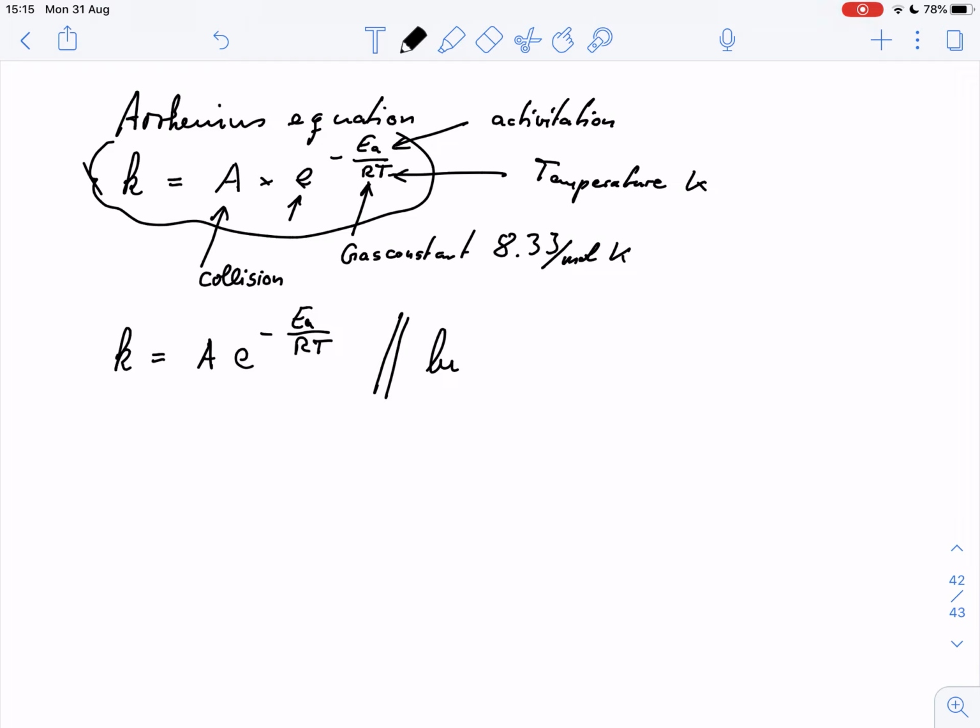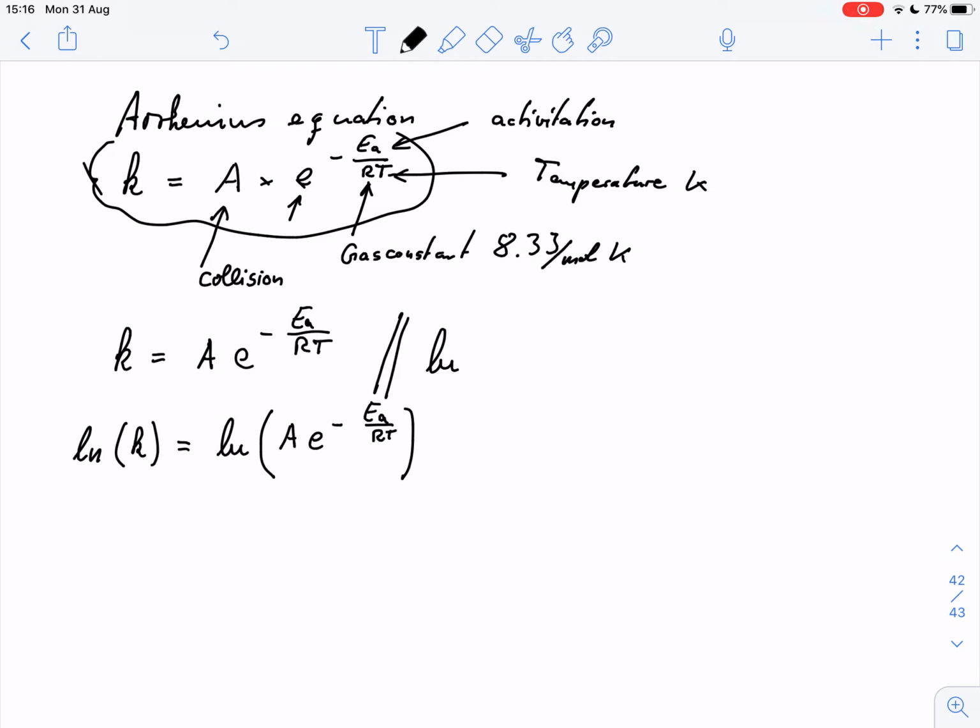So what have we got on the left-hand side? We've got ln, the natural logarithm of k, equals the natural logarithm of this expression, A times e to the power of minus EA over RT.